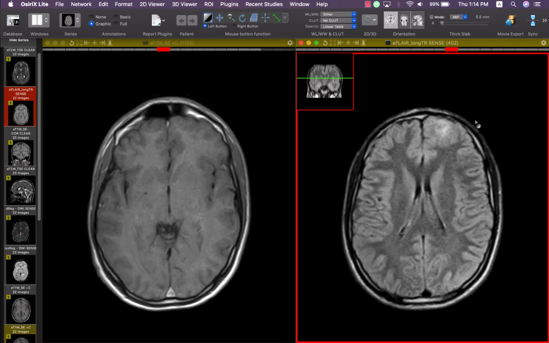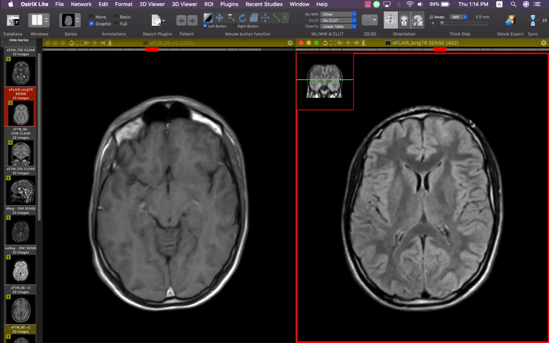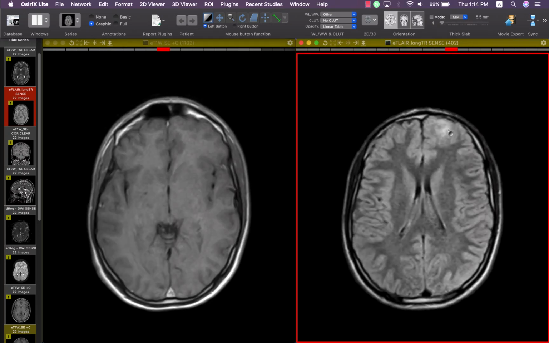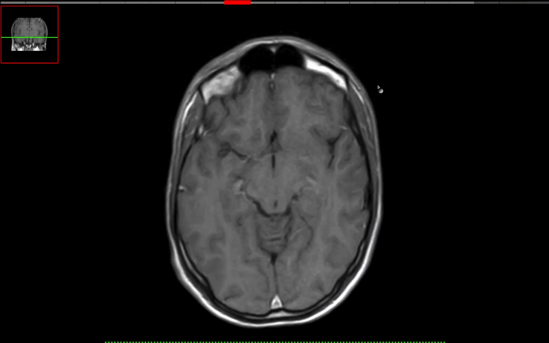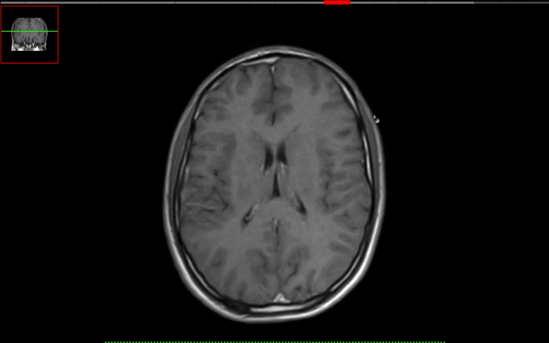Number two is the involvement of the gray-white matter interface and its ill definition. The ill definition of the gray-white interface is one of the important signs in focal cortical dysplasia. It is best appreciated in the axial images as we see here. We can see an ill definition of the gray-white matter interface in the region of the lesion. This is the region of the lesion.